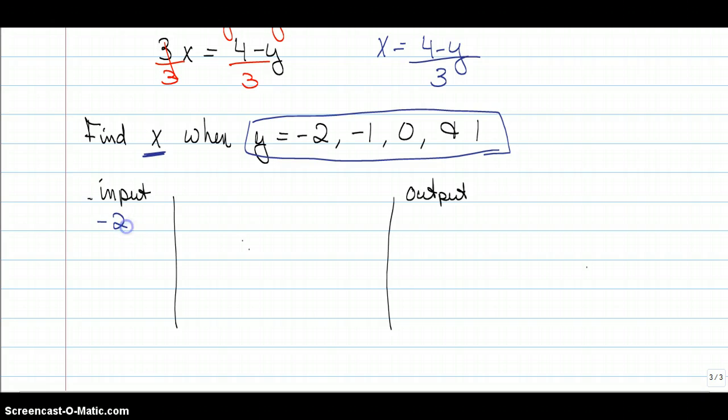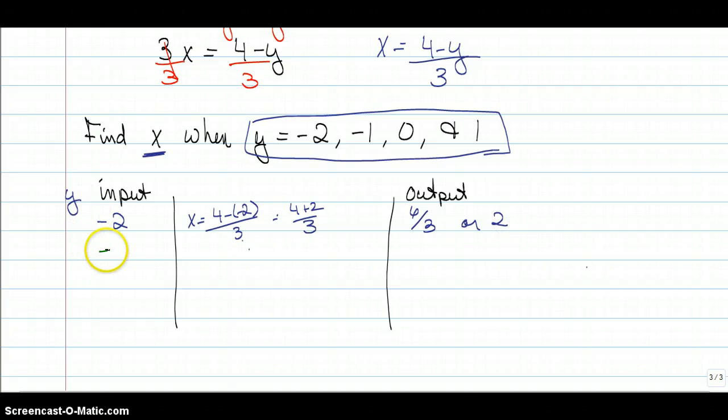So my input of y is negative 2. Here's my equation. x is equal to 4 minus negative 2 divided by 3. So that turns into 4 plus 2 divided by 3, and I get 6 over 3, or 2.